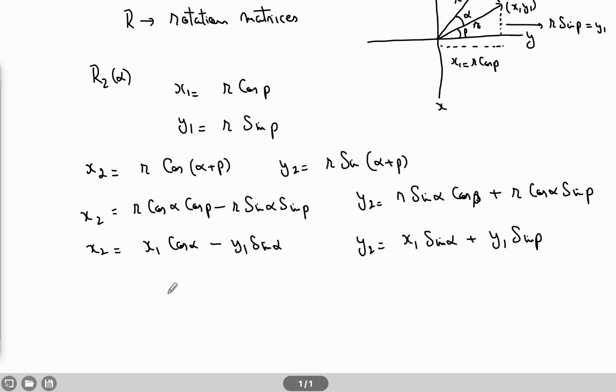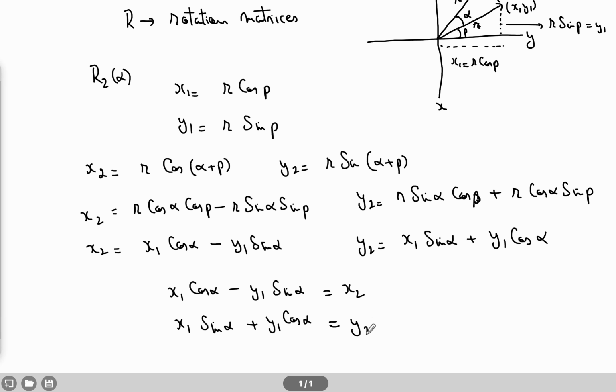So what I have got here is x1 cos alpha minus y1 sine alpha equals x2, x1 sine alpha plus y1 cos alpha. This is equal to y2.